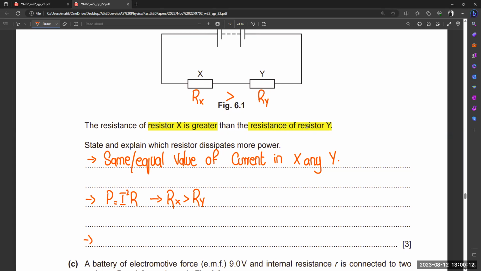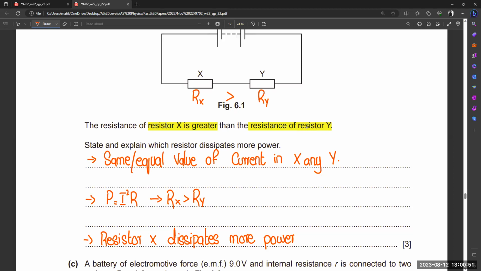So resistor X dissipates more power. These are the three key points of your answer: first, the reference of current; then the formula related to current and resistance; and the final statement about whether X or Y is greater.